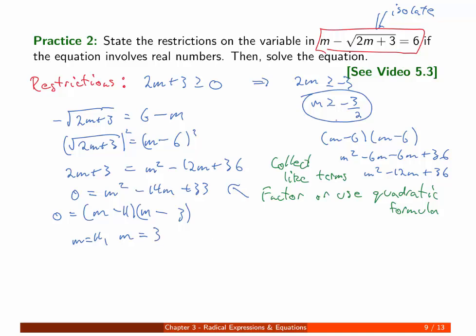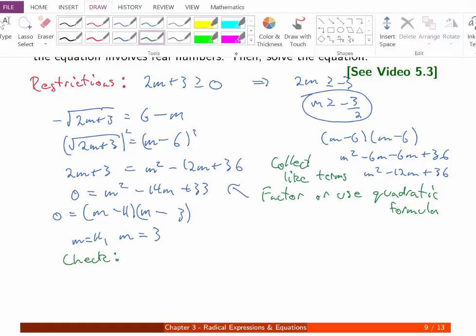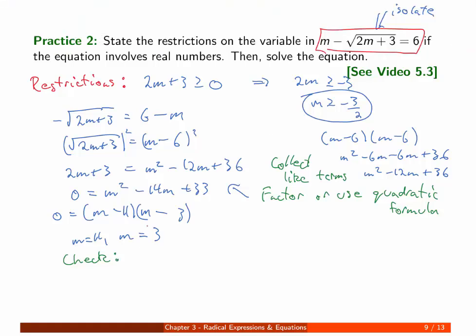Both satisfy our restrictions. So you're going to have to check. One of them may actually not satisfy the equation. So when you check, I'll do it in red. Let's check m equals 11 first. So let's do 11 minus the square root of 2 times 11 plus 3.